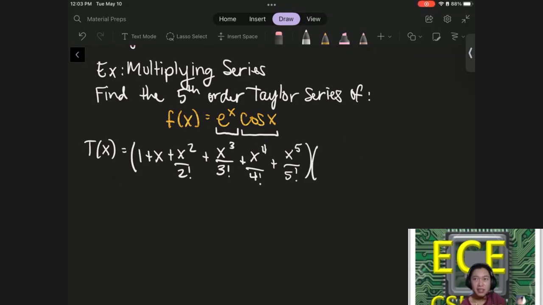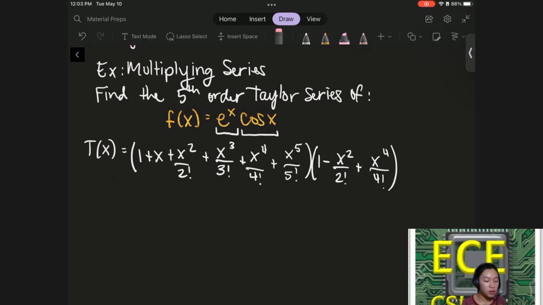times the Taylor series for cosine x: 1 minus x squared over 2 factorial plus x to the 4 over 4 factorial. I stopped at the exponent 5, and for the cosine there is no exponent 5; the next one would be x to the 6.